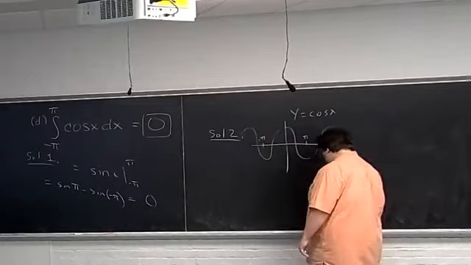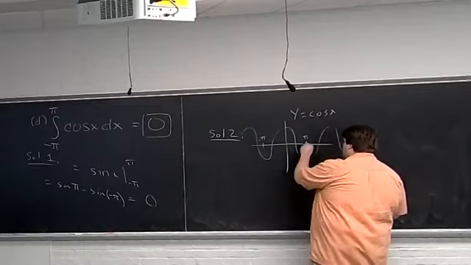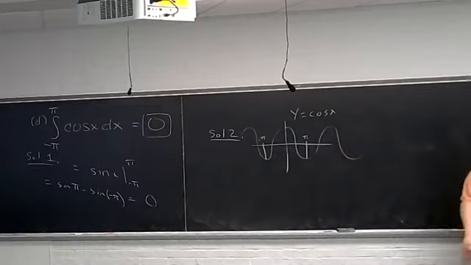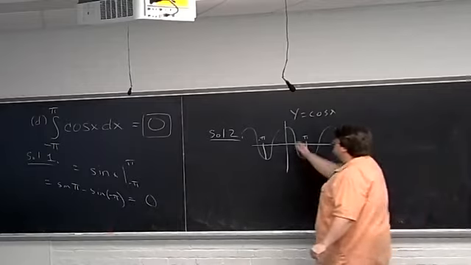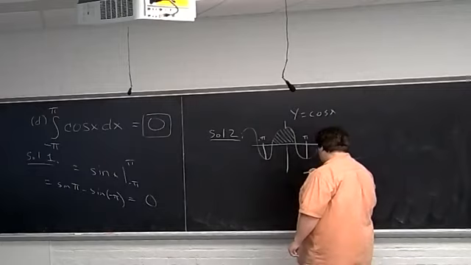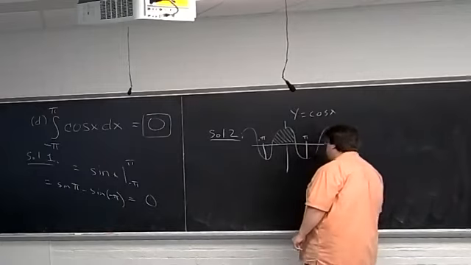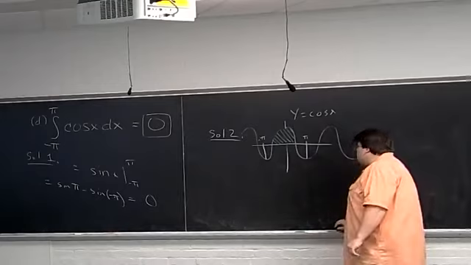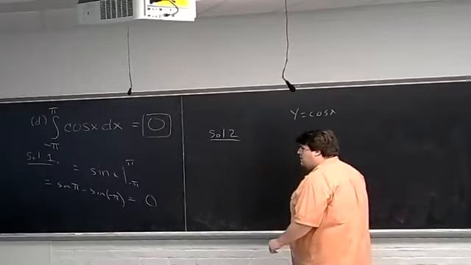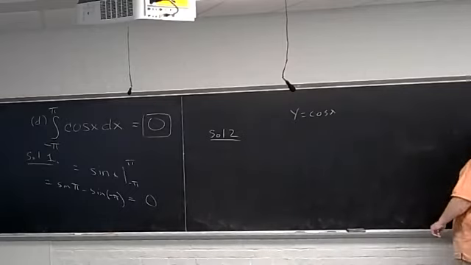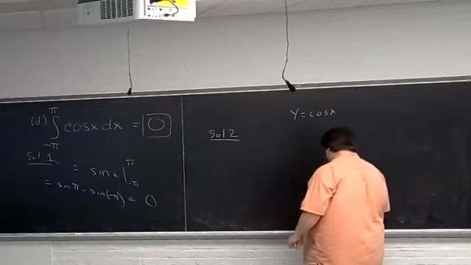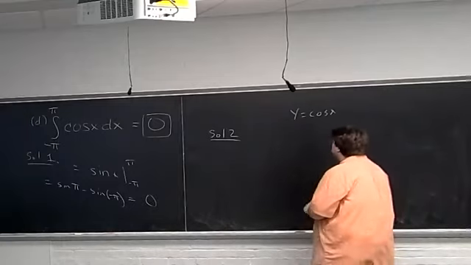The integral from negative pi to pi is going to look at the area above the curve up here in red. The other one's orange.